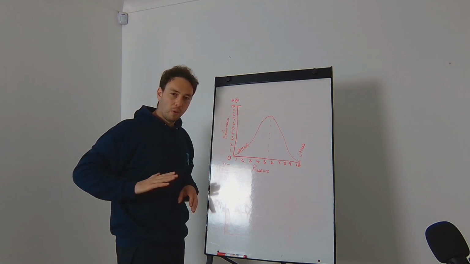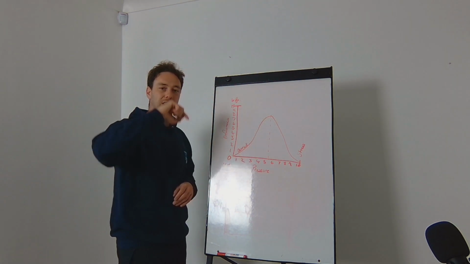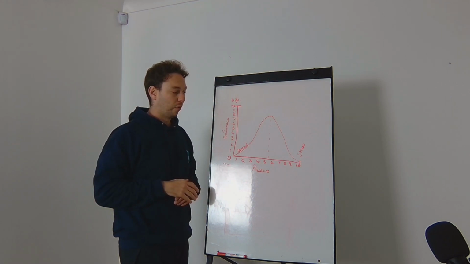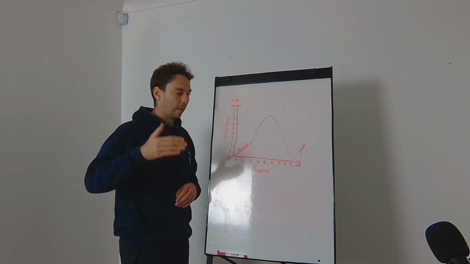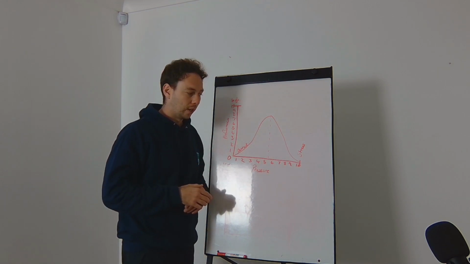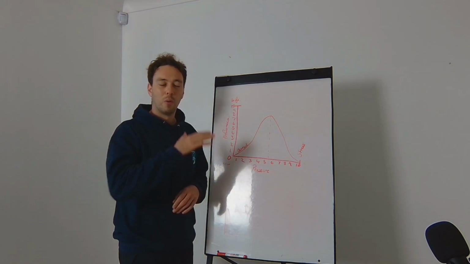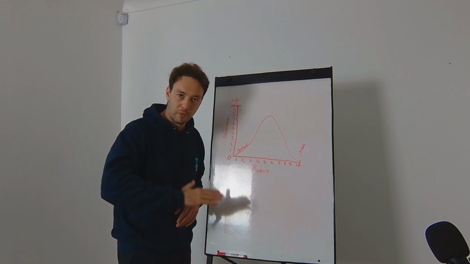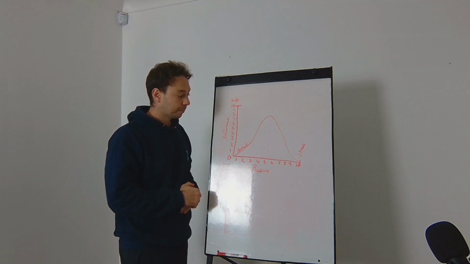So imagine 4 is the upward slope, 5 and 6 is the very top of the bell, the very peak performance, 7 is just on the way back down, and then again the last 3 numbers, 8, 9 and 10, well, they're in complete panic, full stress, loads of anxiety, so performance again is very low.